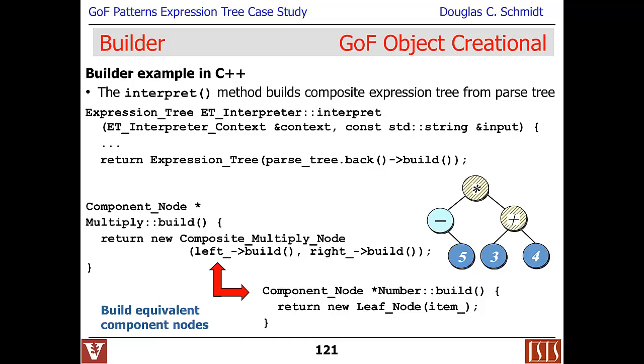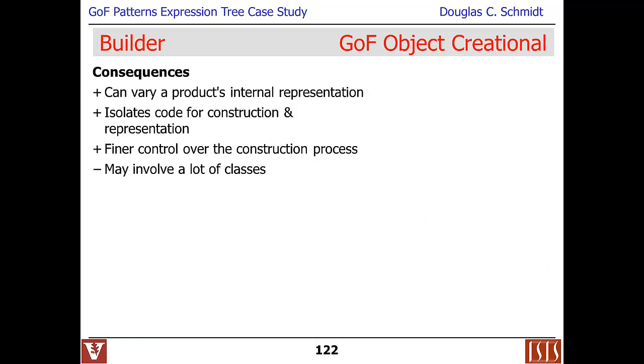The reason that works, of course, is because of the magic of inheritance: composite multiply node, composite add node, leaf node, etc., are all ultimately subclasses of component node. That's the fundamental principle of object-oriented programming. Any questions about that? You guys have to figure out how to put the right builder methods into your solution in order to build the right kinds of nodes. And this will give you a little hint.